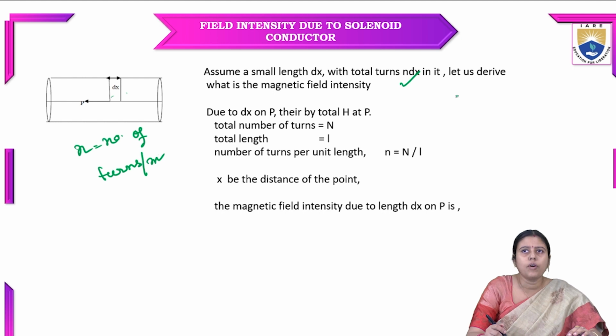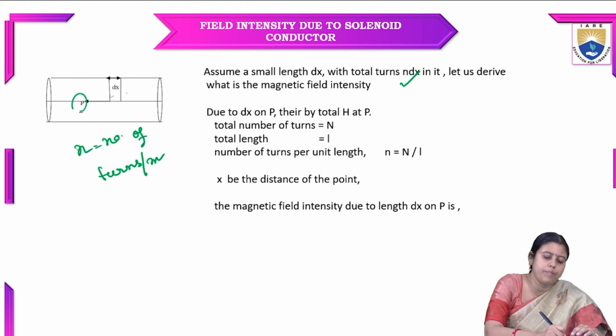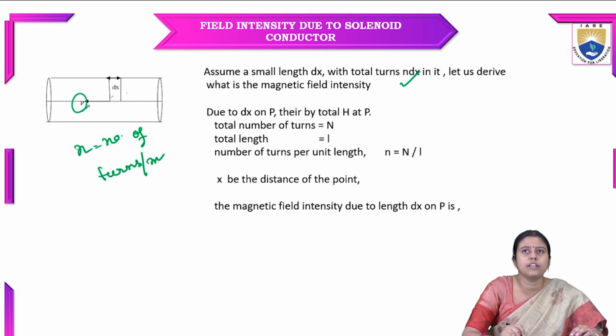So what is the magnetic field intensity at a point P? This is a point P. We have to calculate the magnetic field intensity.